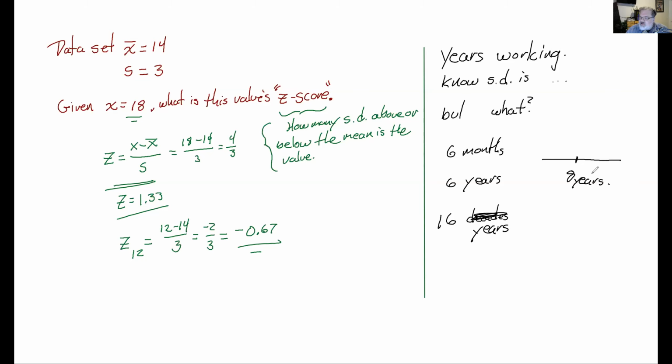If the standard deviation was 6 months, that means that almost all of the instructors will have worked 8 years plus or minus 3 standard deviations. Remember, almost all is 3 standard deviations, usual is 2, typical is 1. So 3 of these would be a year and a half.